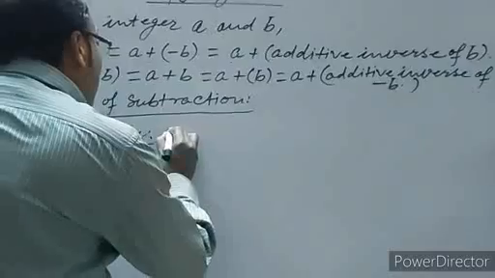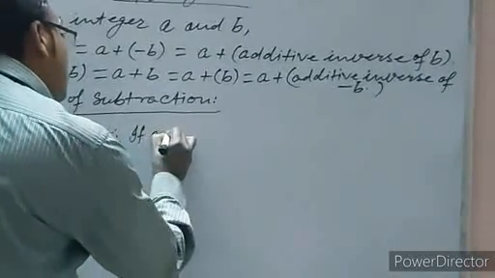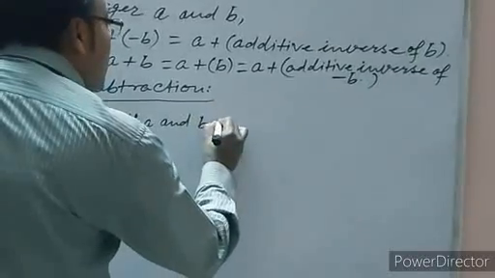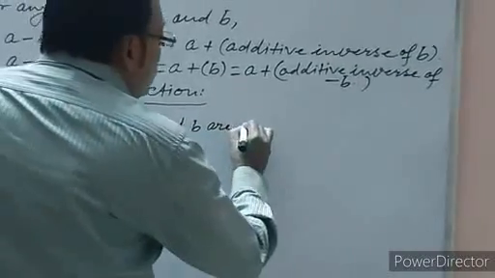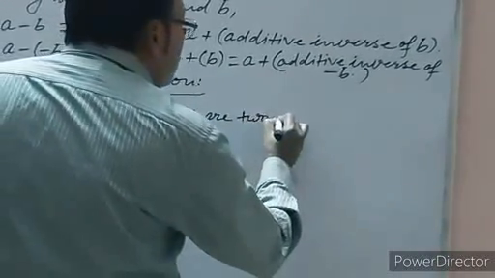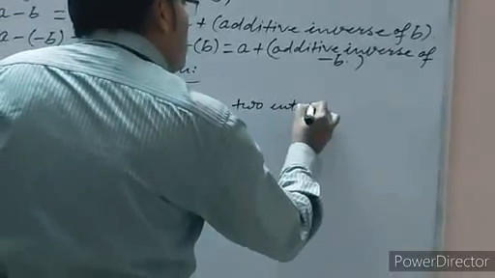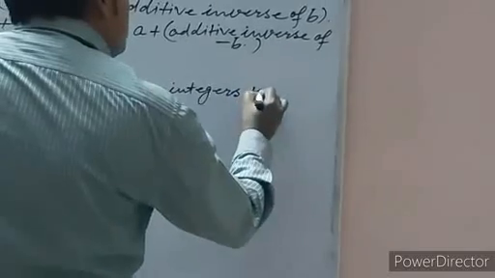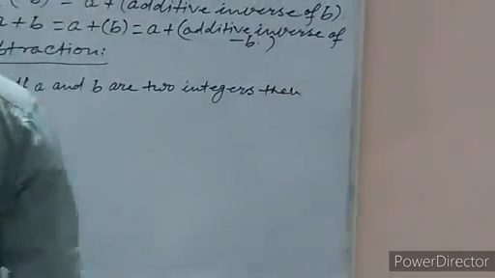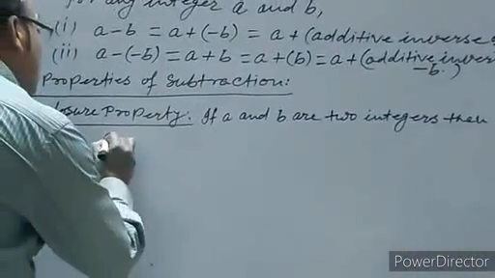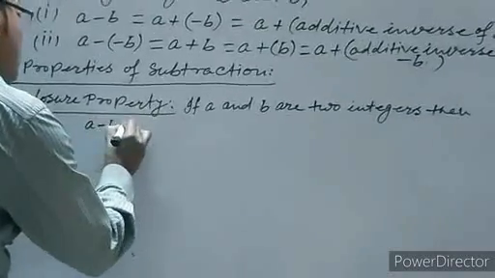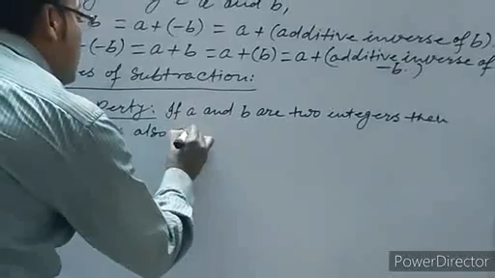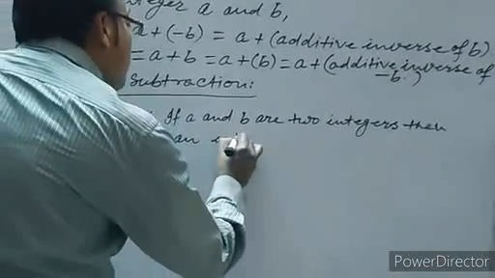It says that if A and B are two integers, then A minus B is also an integer.